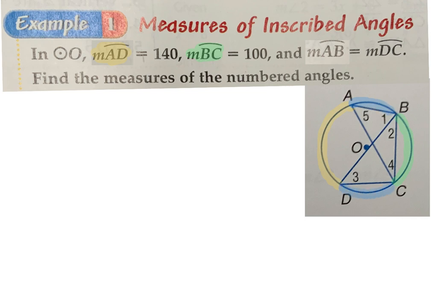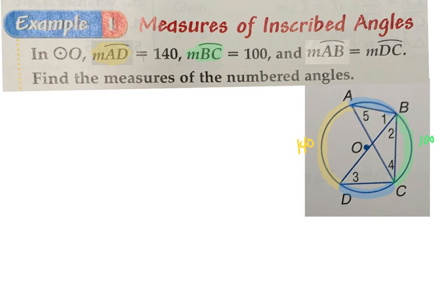So they want the measures of the numbered angles. Now here's the deal. We have to figure out then which angles make up what. So if we have AD, we're going to say that's 140. I'm going to actually label it here. And then BC is 100. I have to think about what angle makes up those things right there, all right?